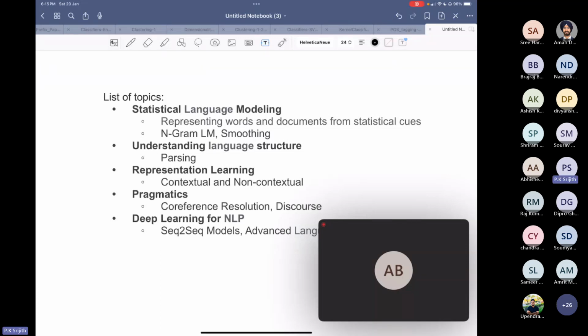Today, I will start with sequence labeling problems in NLP, and how some popular machine learning models can be used for solving them.